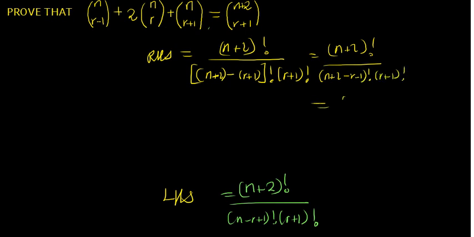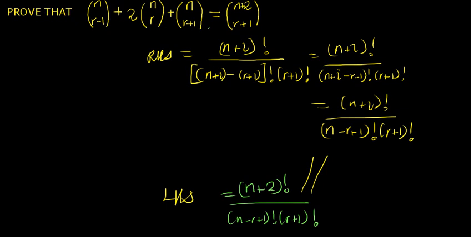So this is equal to n plus 2 factorial divided by n, and then I can first write a negative r there. Now 2 minus 1, that is a 1, so plus 1 factorial and then r plus 1 factorial. So we can see that the right hand side is equal to the left hand side.